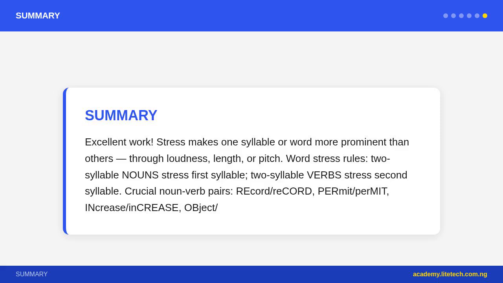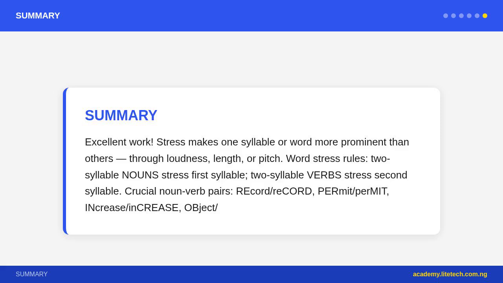Words ending in -tion, -ic, -ity, stress falls on the syllable before the suffix. Compound nouns, stress on the first part. In sentences, content words, nouns, main verbs, adjectives, adverbs, are stressed; function words, pronouns, articles, prepositions, are unstressed.